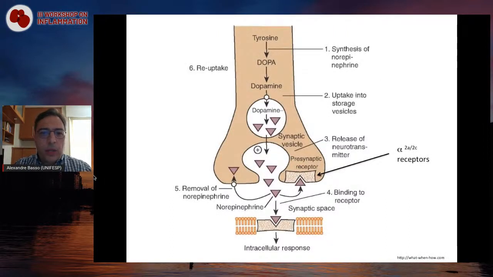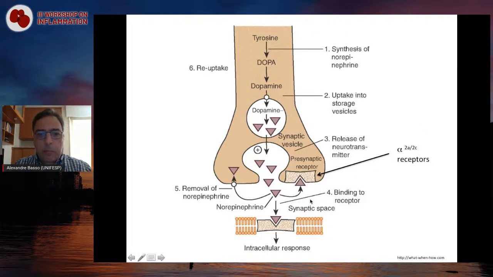So here we are looking at a sympathetic fiber. We have the noradrenaline being produced here, and once the noradrenaline is released into the synaptic space, of course it can bind to postsynaptic receptors, but it can also bind to presynaptic receptors, and those are alpha-2A, alpha-2C adrenergic receptors.